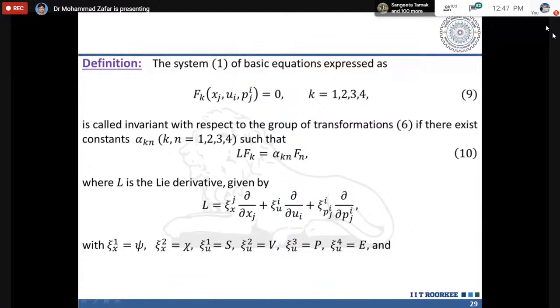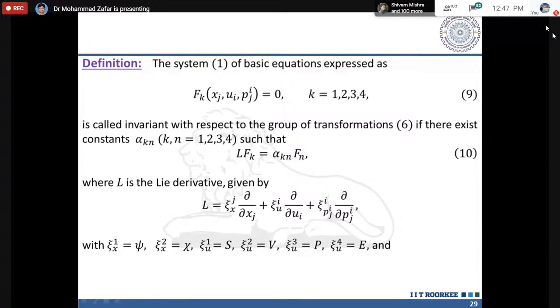Definition. This is the definition we have taken from Logan and Perry's book. We will see the reference of that book at the end. The system of basic equations is expressed as equation number 9, Fk equal to 0, because we have 4 equations.